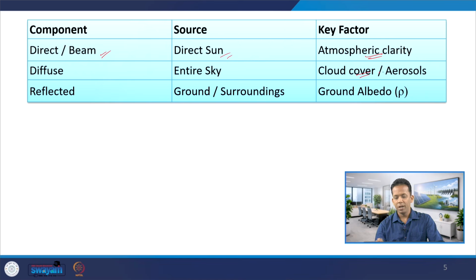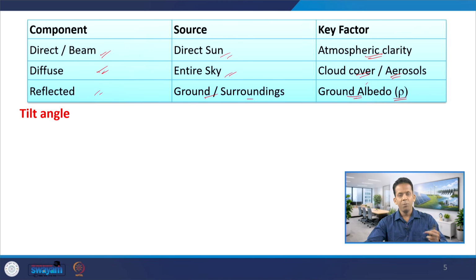When we have a cloudy sky, or the atmosphere is covered with aerosols, smog or fog, diffuse radiation would be received most of the time, and that comes from the entire sky. Reflected radiation comes mainly from the ground and surroundings, and the key governing factor is the ground albedo, that is, the composition of the ground, whether it's grass, snow, sand or water. Depending on it, different reflectivity will be there for the radiation.